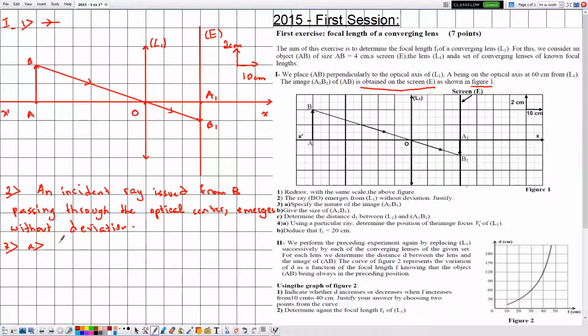Then let's say that since it's collected on the screen, the image A1B1 is real.